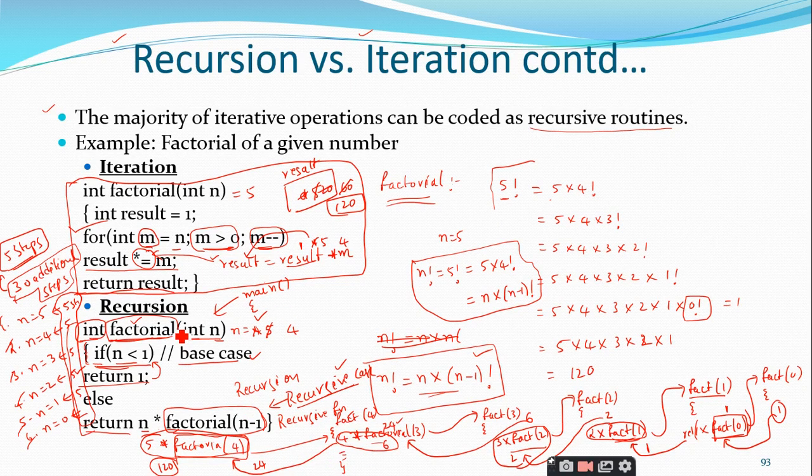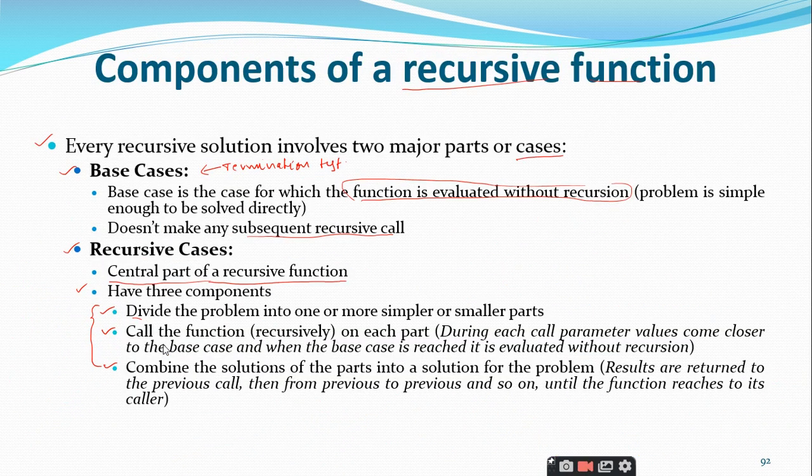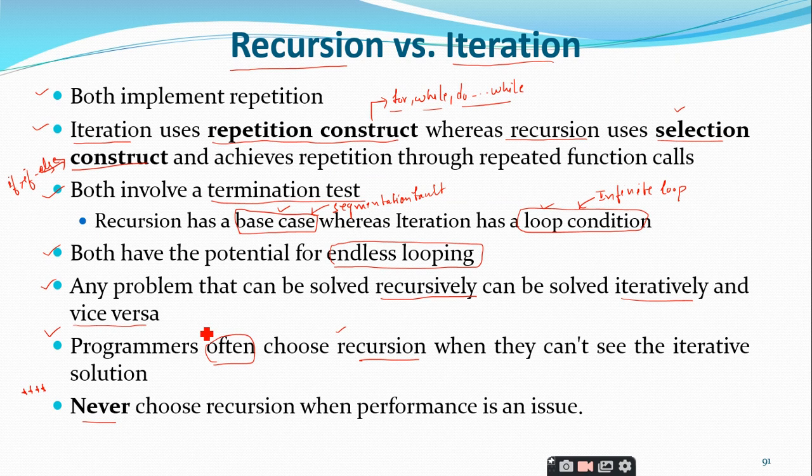So main calling factorial 5, factorial 5 calling factorial 4, factorial 4 calling factorial 3, and so on, and again returning the values back to the function which called them, is a big overhead involved in every function call. That is the reason why we are stressing a single point: never ever choose recursion when performance is an issue.